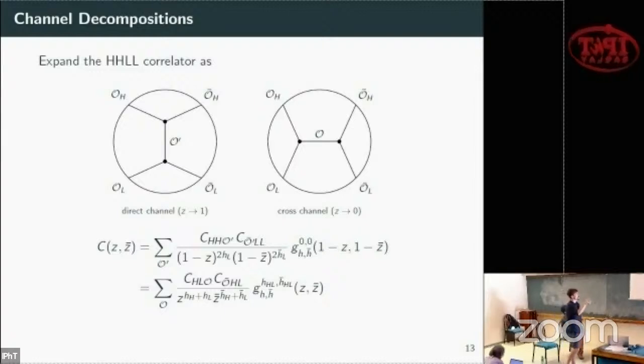Now, maybe two things to note. You have the CFT data of the operators exchanged, the primaries exchanged in this correlation function. You have the CFT data in three-point functions and also in anomalous dimensions or dimensions of the exchanged operators, which are inside of the blocks. And you have these two different channels, and in general, and definitely in this case, the set of primaries exchanged in the two different channels is completely different.